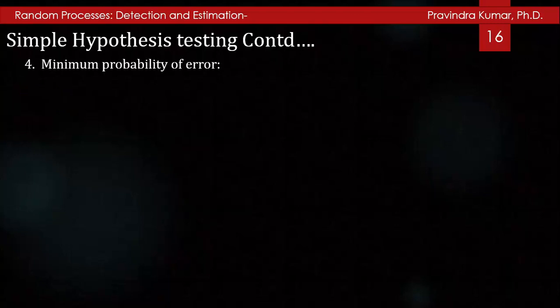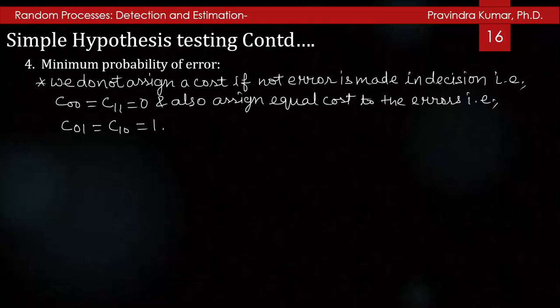Now we will discuss minimum probability of error. As I told you, in some cases we don't assign a cost if no error is made in the decision. This means C00 and C11 are equal to 0, and also we assign equal cost to the errors, meaning C01 is equal to C10, which is equal to 1.